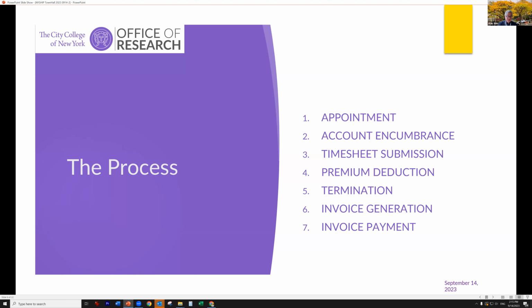Now, if the student's appointment should be terminated, because they graduate this semester, or for some reason they drop out of the program, or for many other reasons their appointment is no longer true and needs to be terminated, this termination needs to be explicitly processed with CCNY HR.